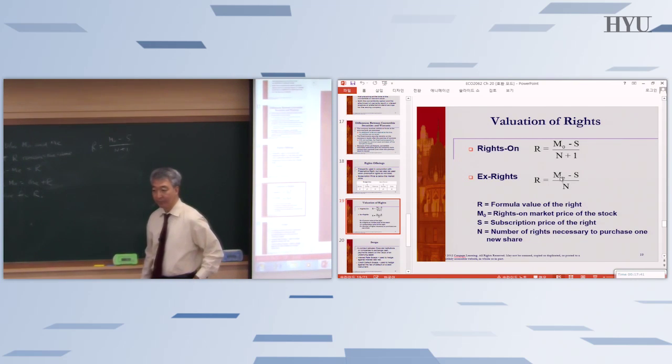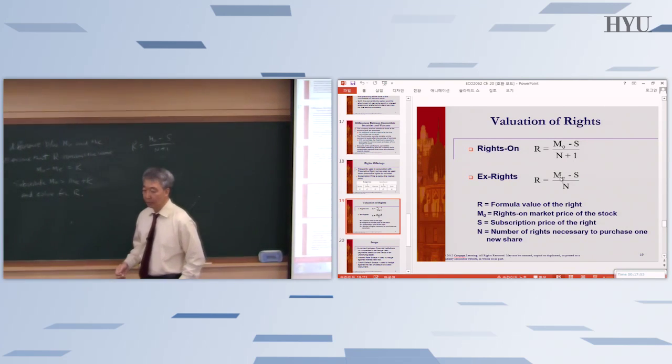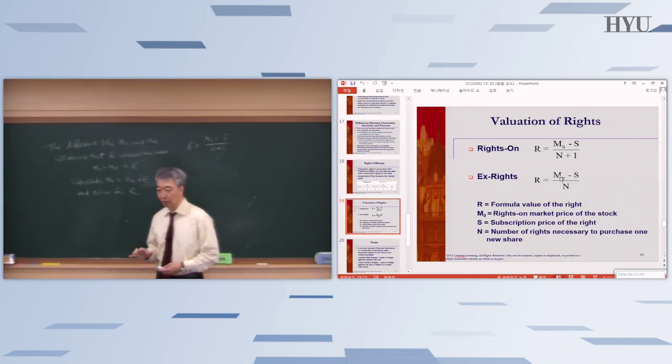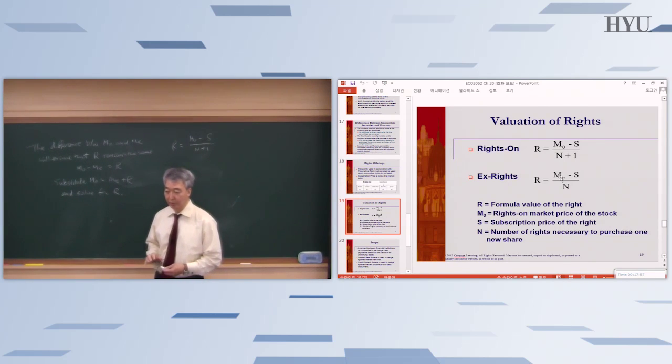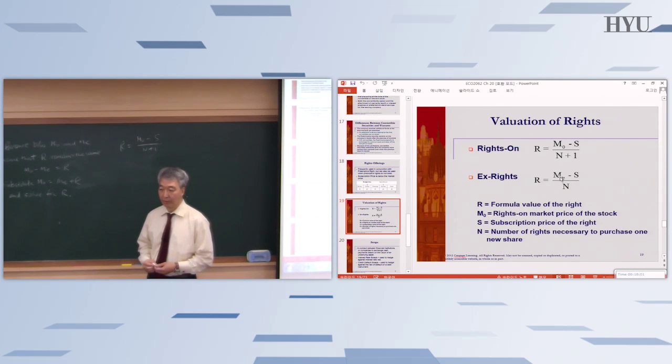So for N, would you take 0.1? N will be, in this example, 10, because in order to purchase a new share, you need 10 shares or 10 rights, right? Because it's 0.1.